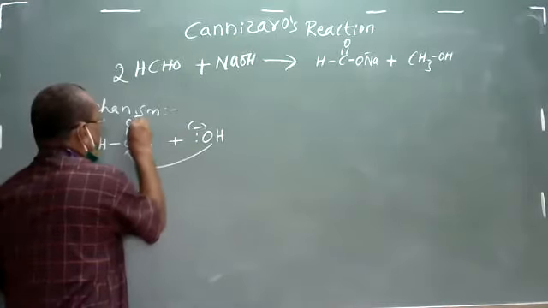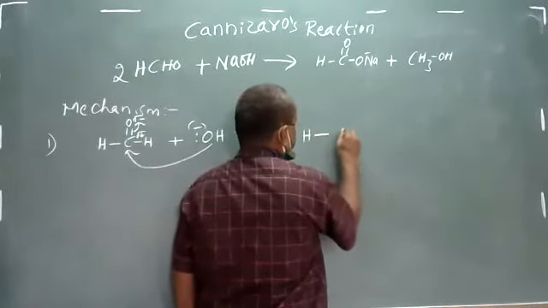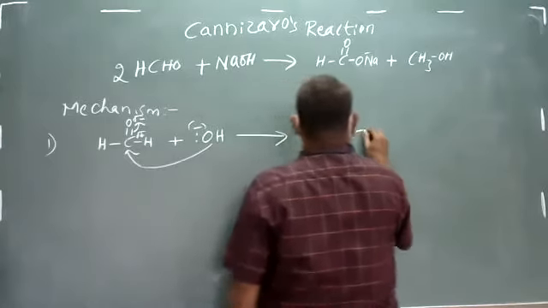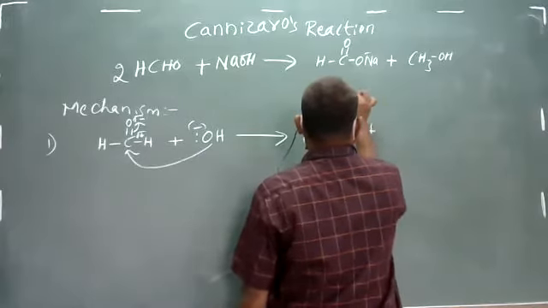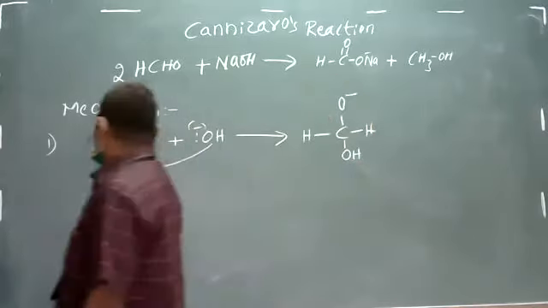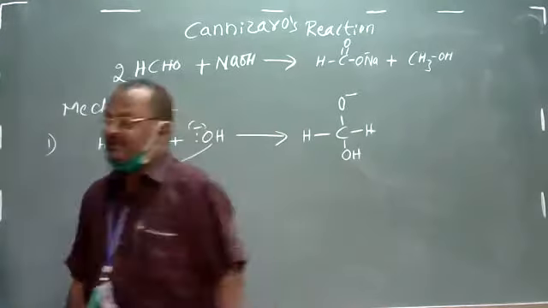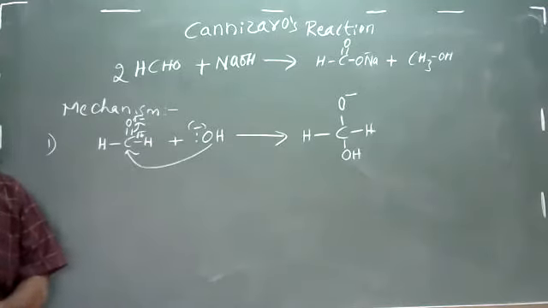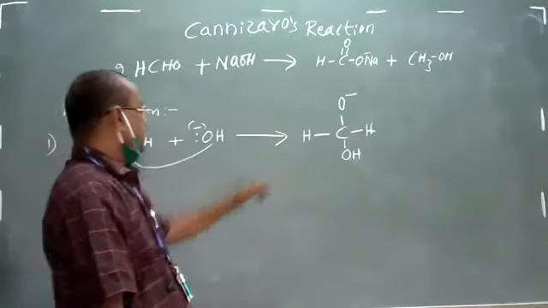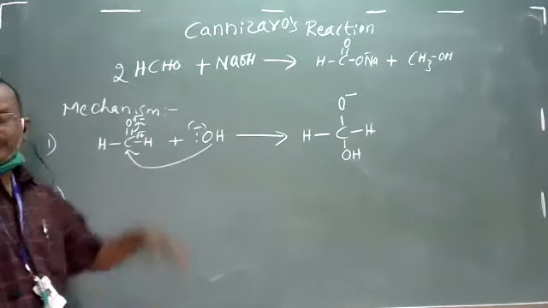When it attacks the carbonyl carbon, the pi bond electrons will move towards oxygen to form an oxide ion. This particular oxide ion is unstable. It wants to stabilize, so it reacts in the next step with one more molecule of aldehyde.